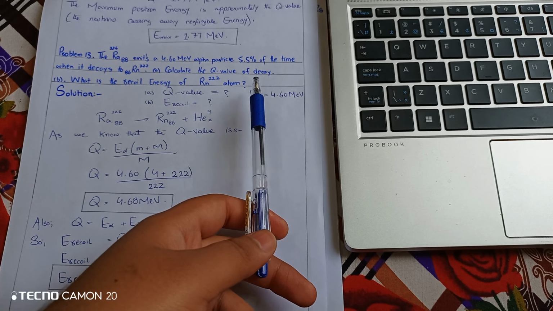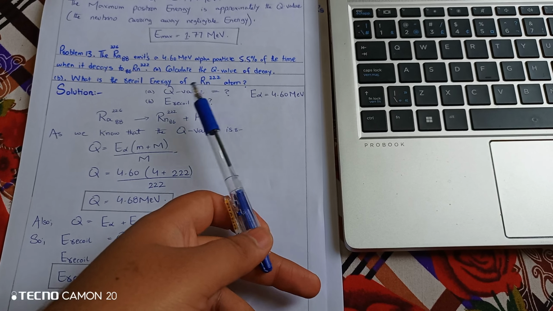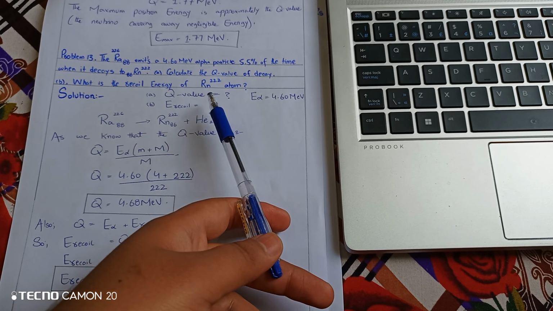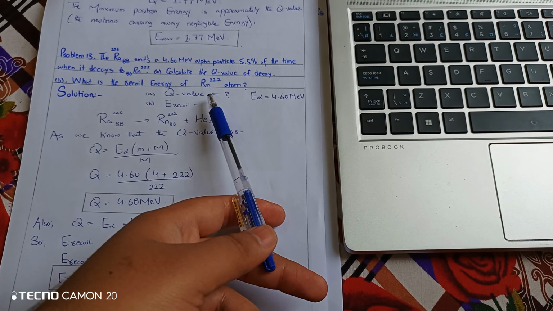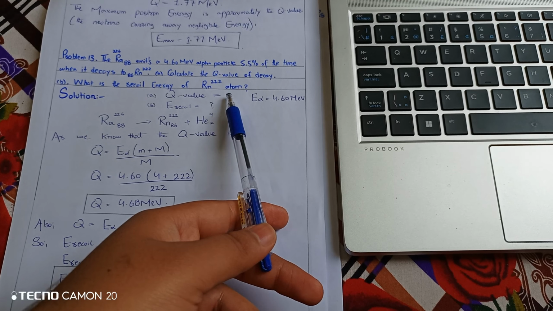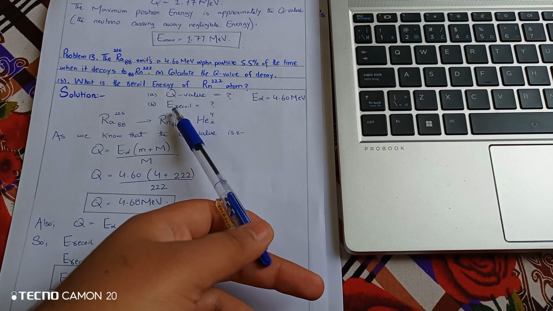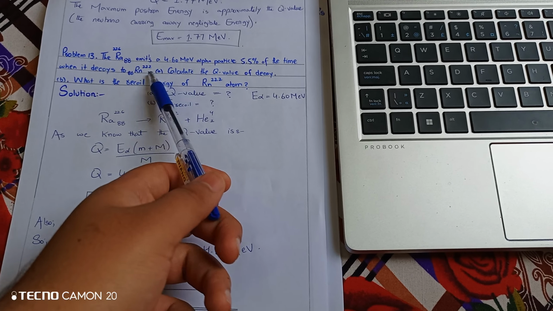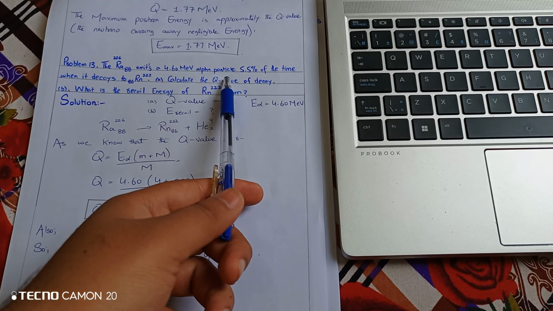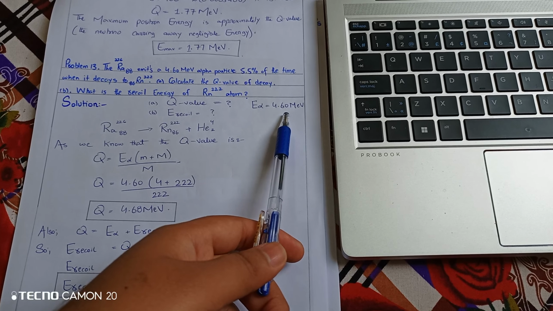First of all, you have to calculate the Q value of the decay. Secondly, you have to calculate the recoil energy of the radon atom. So first you calculate the Q value, then the recoil energy, whereas E alpha, the energy of the alpha particle, is given, which is 4.60 mega electron volts.